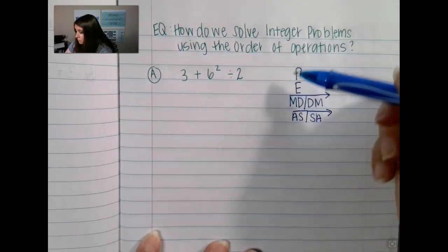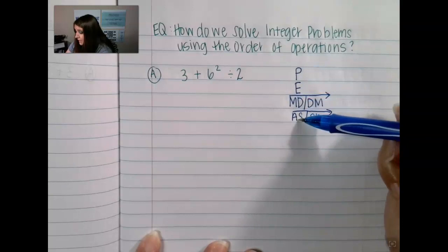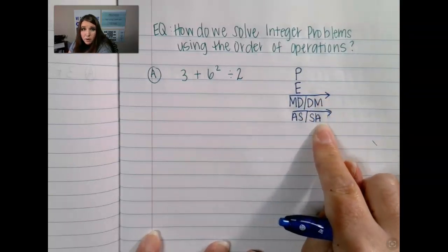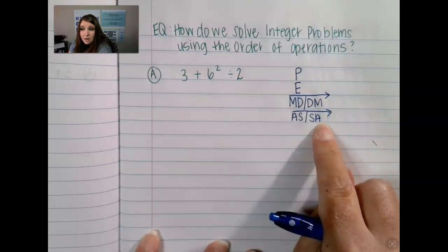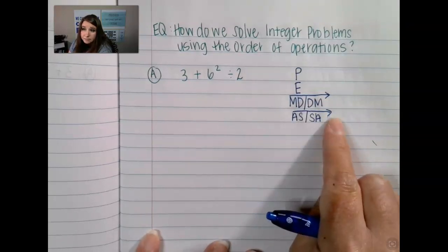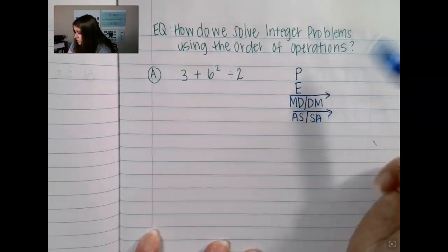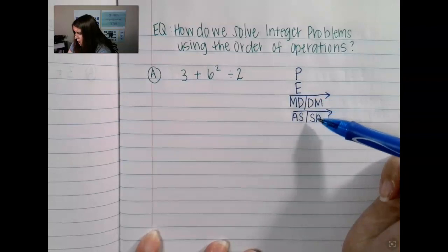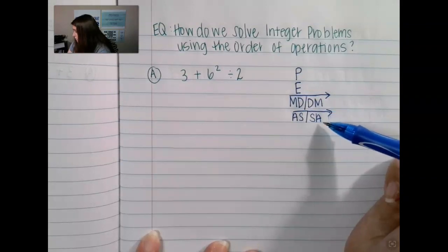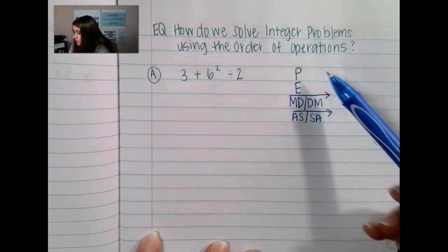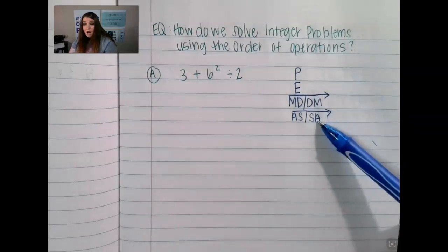If you're using "please excuse my dear Aunt Sally," this whole side of things is left off, and so we want to make sure that we're not forgetting we can go from left to right. If you need to use something like "please excuse dear mom, she's angry," you can. You can use whatever you need to in order to remember it. So make sure that we're following these rules.